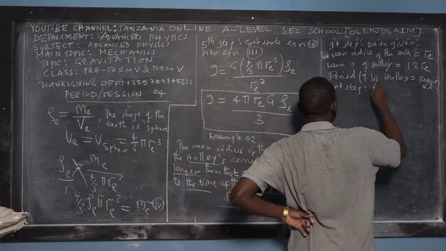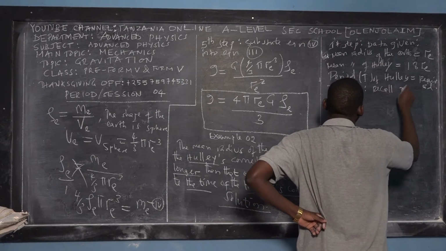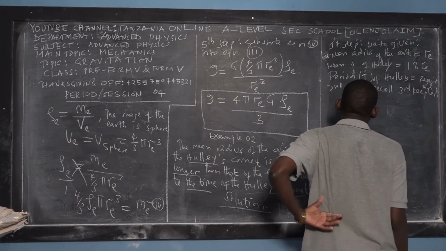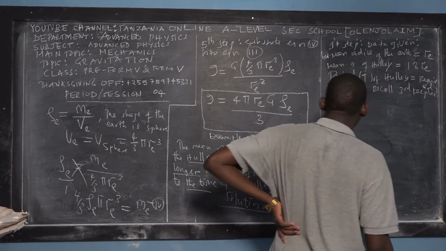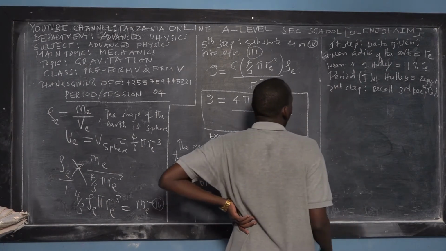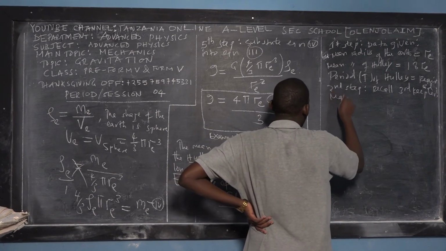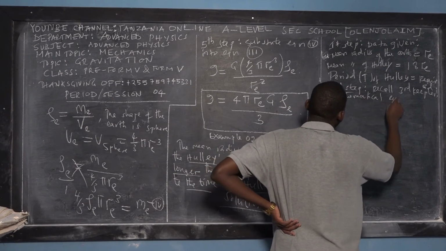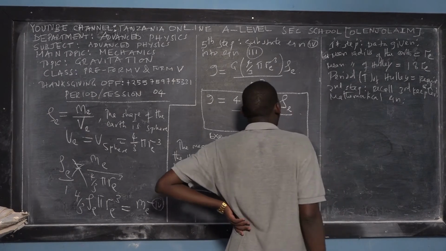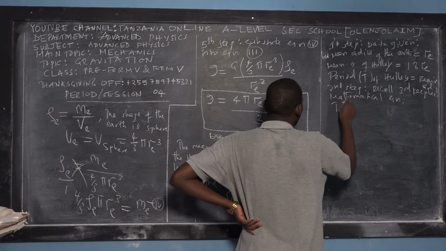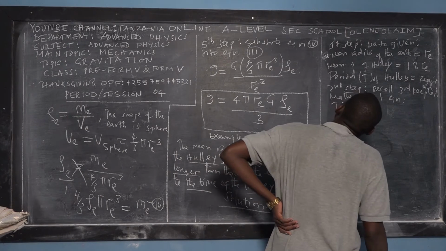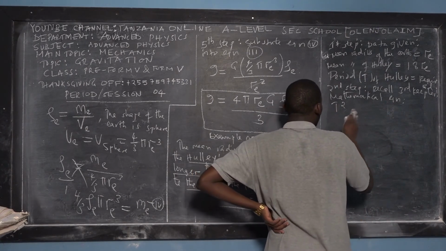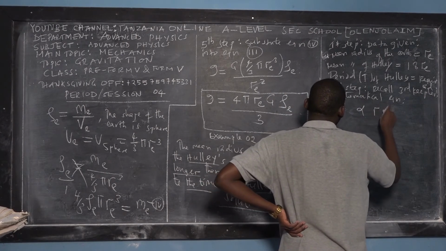So we have to recall Kepler's mathematical equation. How is it? Kepler said that the square of the period of a body that revolves around the Earth will be proportional to the radius.